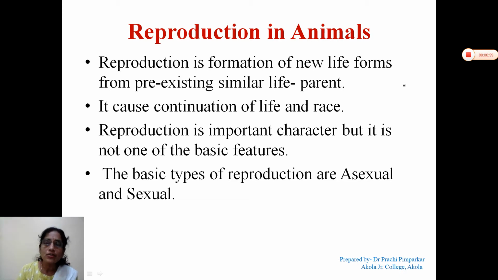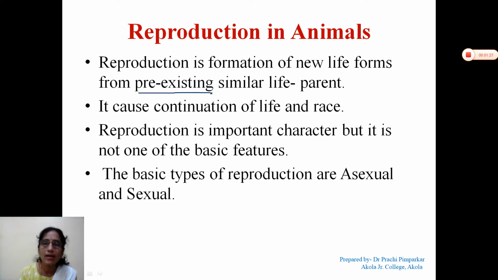Actually, let us first see what is the meaning of reproduction. Reproduction is formation of a new life form from pre-existing life. From pre-existing life is very important. Unless a pre-existing life is there, new life cannot be produced on its own.